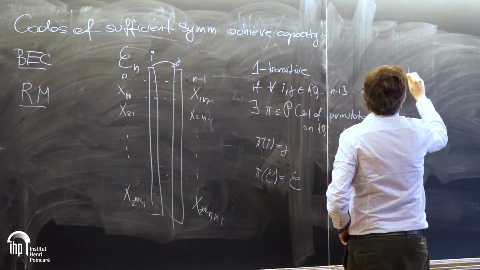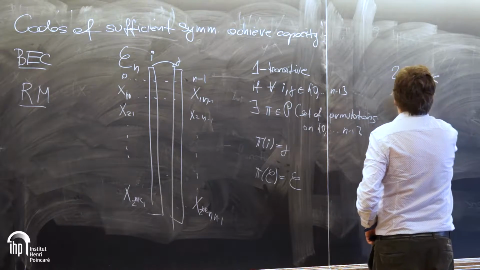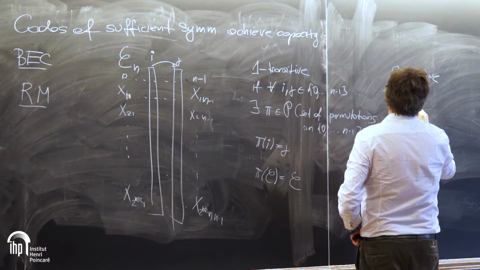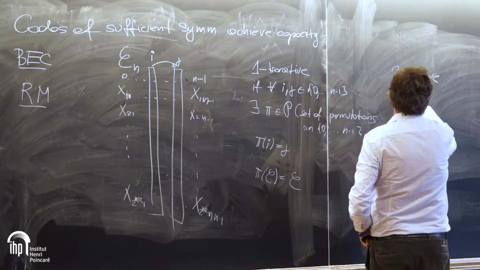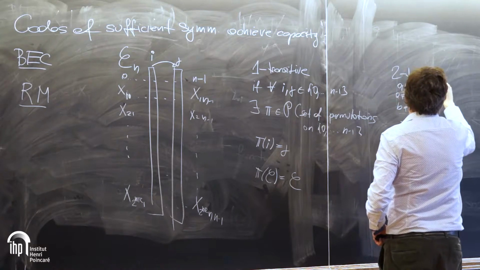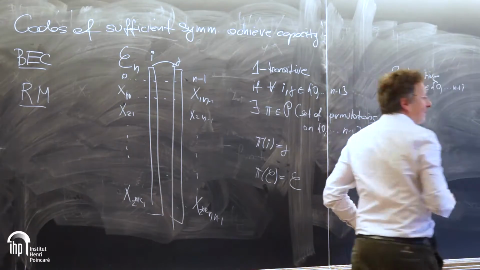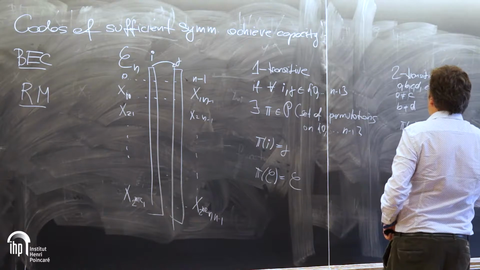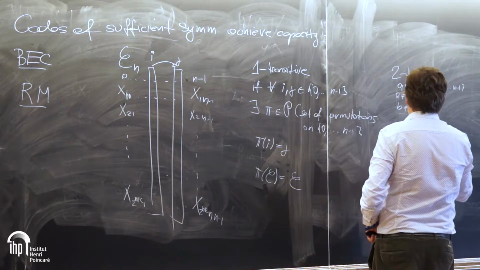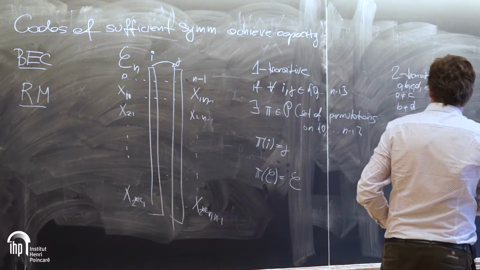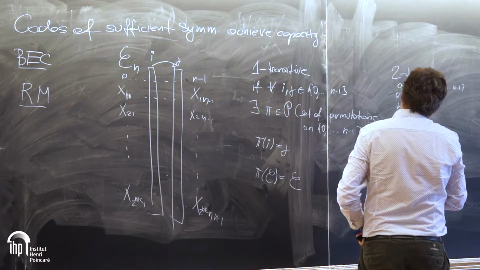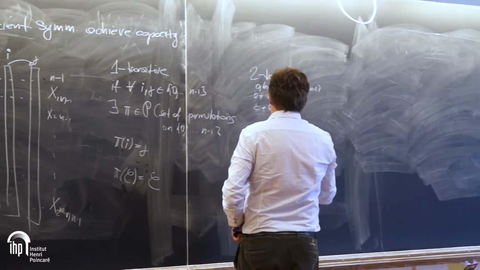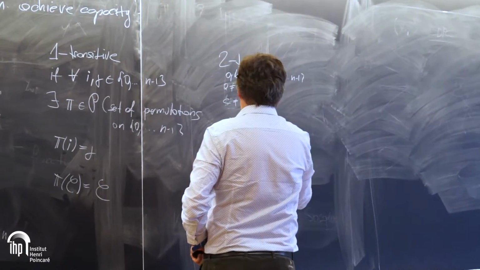But if you want more, and that's what we need, two transitive, then you have, for all a, b, c, d, with a unequal to b and c unequal to d, I want pi of a to be c and pi of b to d.